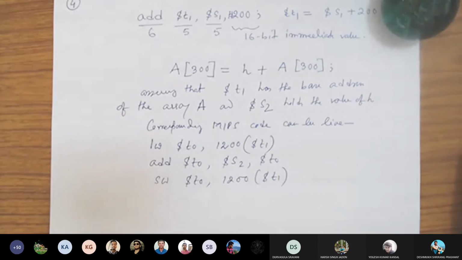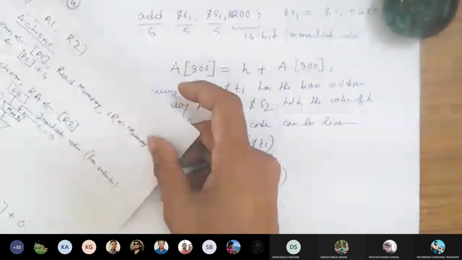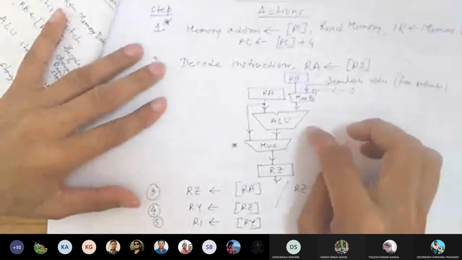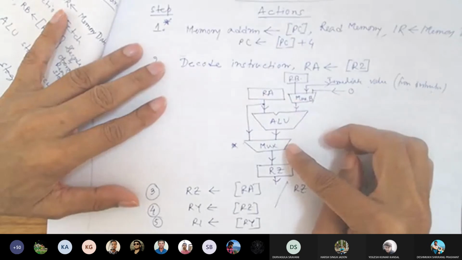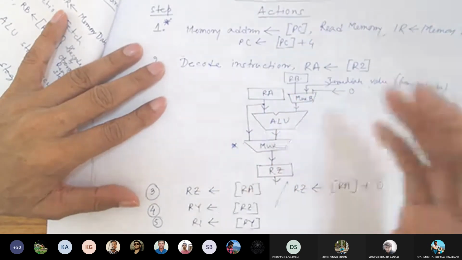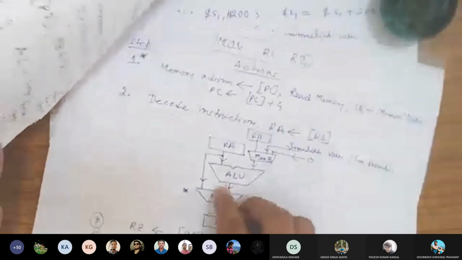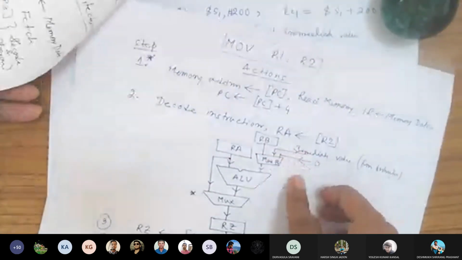Like in one of the classes I was talking about, if I would like to bypass this, if you remember, from here to here directly a multiplexer. So these sort of modifications you can think about, like one is here, another one is here.